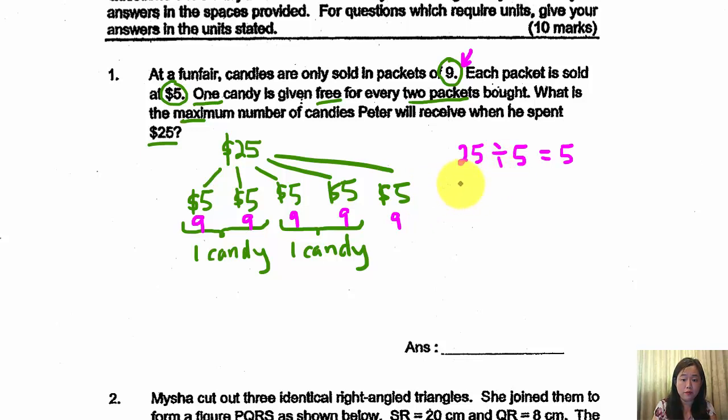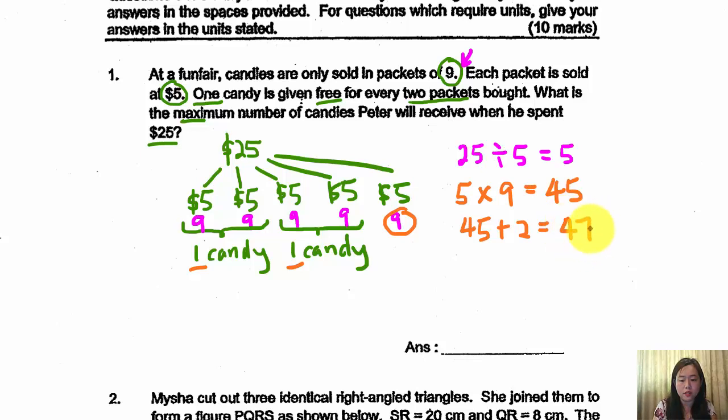It will be 5 multiplied by 9, and there are actually 45 candies here. These 45 candies come from the packets of candies, and we must remember to add the 2 free candies here. So it will be 45 plus 2, which is equal to 47.